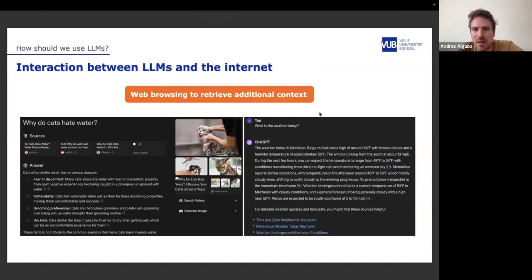Now, the same thing is also happening in ChatGPT with web browsing capability. You ask it, what is the weather today? GPT has been trained on data till October 2023. It doesn't know the weather today. So what it does, it looks it up via Google search or whatever, and it then retrieves this information in the prompt. Based on this information, it gives you a reply.